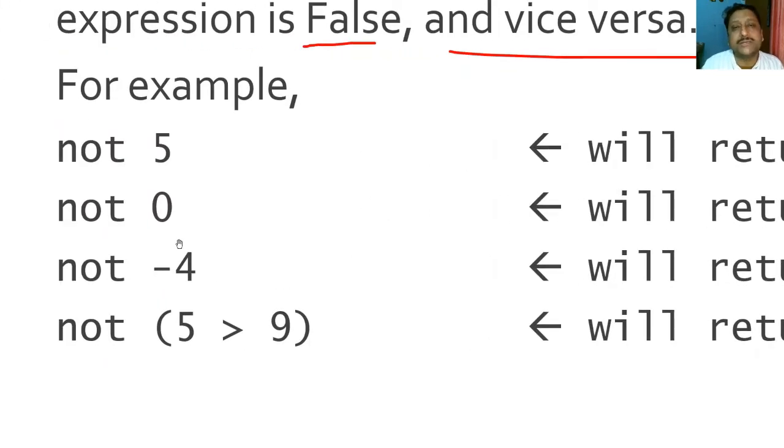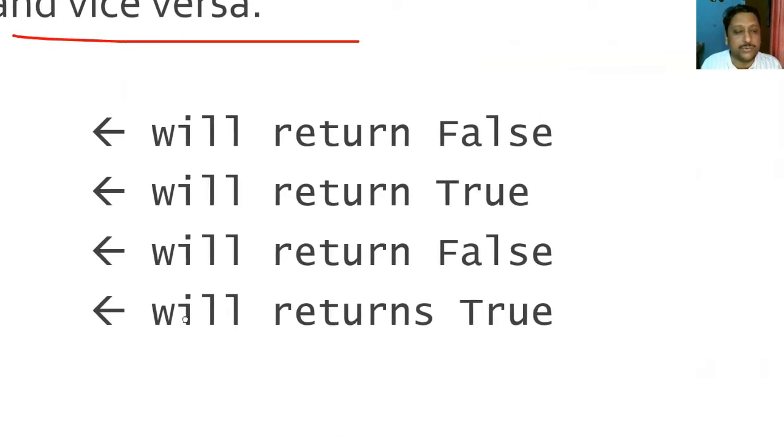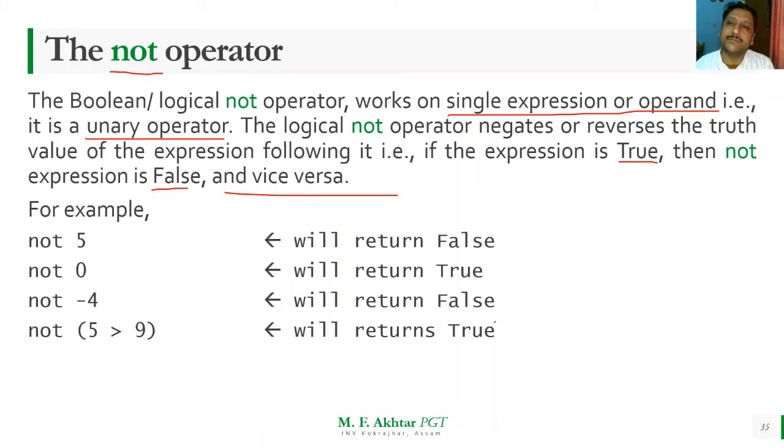Only 0 is treated as a false value and the rest of the values are treated as true values. So not minus 4 will return false, because minus 4 is also treated as a true value. Here the expression given is 5 greater than 9, which is false because 5 is not greater than 9. And the NOT operator is given here, so it will return you a true value. See, the result will be true. Accordingly it will work.